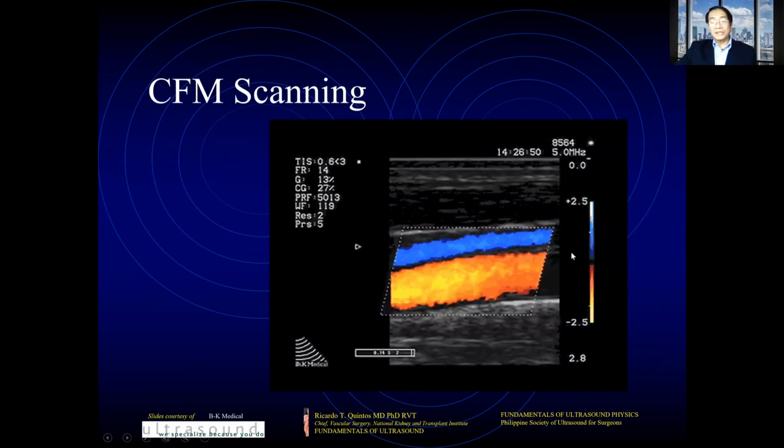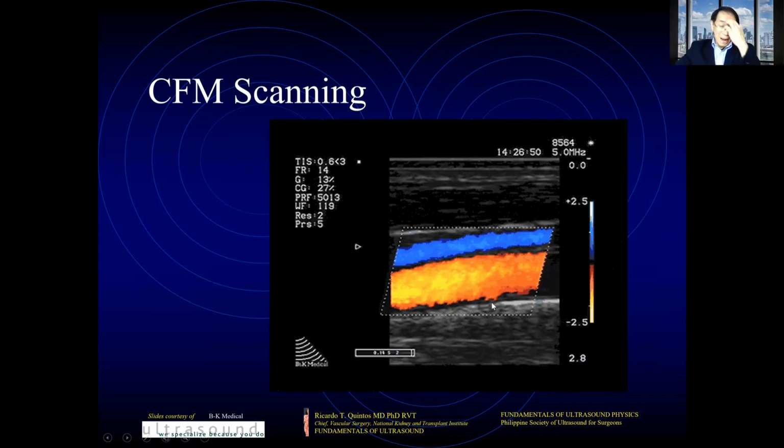When you have this color flow mode, it's not actually because of the color of the content of the organ being examined, but it's really more of the color arbitrarily set by ultrasound manufacturers for certain frequencies and certain velocities. Blue can be set as a direction of movement away from the transducer, and red can be set as the movement going towards the transducer.